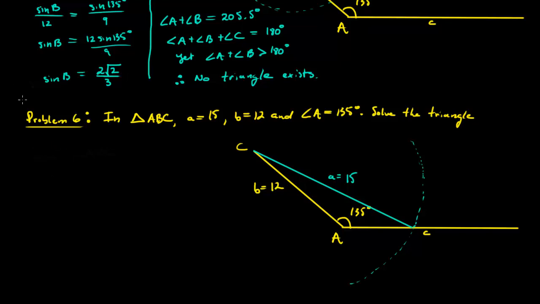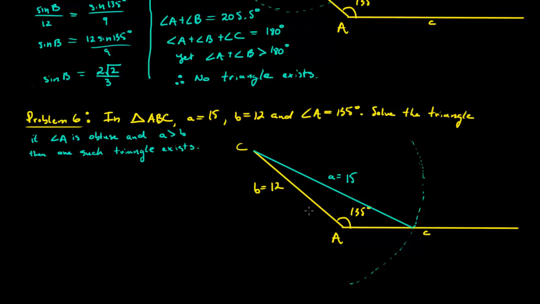Let's just say, in the side-angle case, if angle A is obtuse and side A is greater than side B, then one such triangle exists.